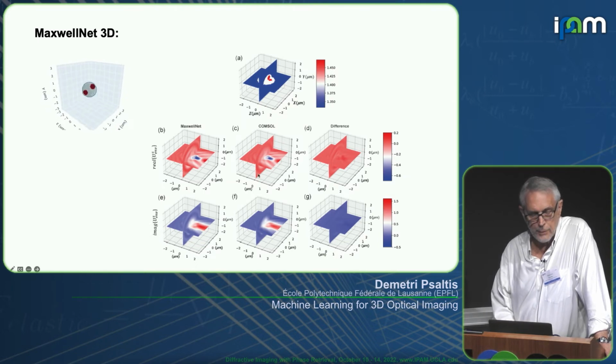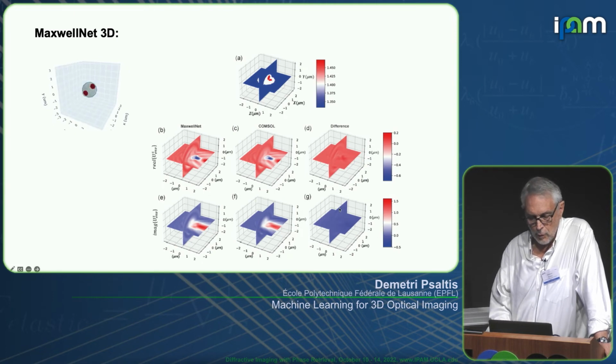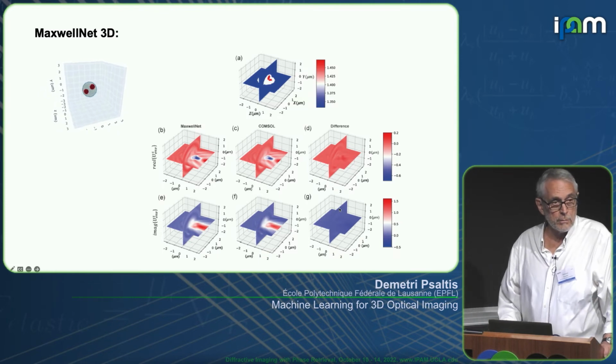And this is the same thing done by COMSOL. And these look very similar. Quantitatively, for the difference, the color here is 0 is red, and for the imaginary part, blue is 0. So this is pretty much low error. So at least on phantoms it works nicely.